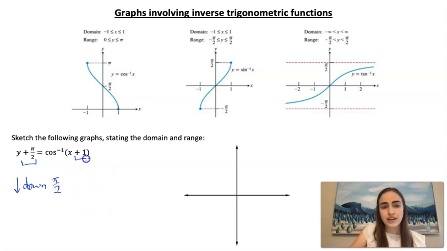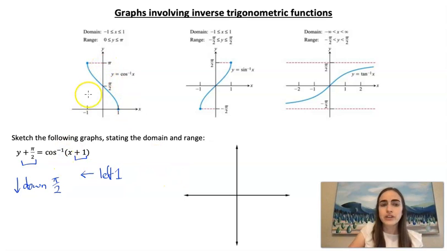This plus 1 in here with the x means that our whole graph is going to shift left 1 unit. So the whole graph is going to shift down pi on 2 and left 1.